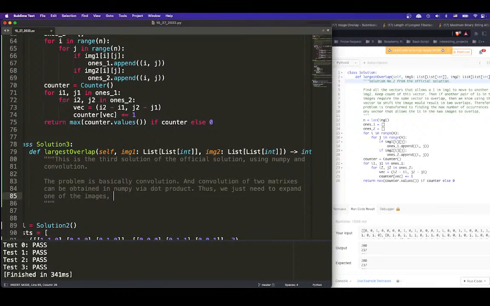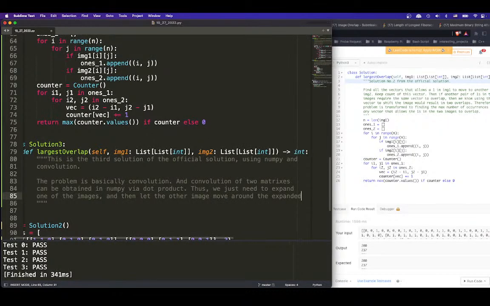Expand one of the images, and then let the other image move around the expanded image.